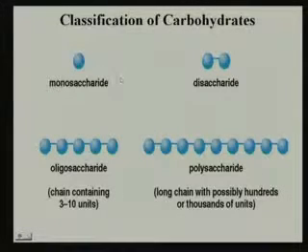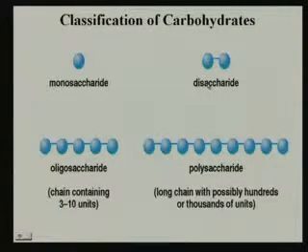Now while talking about monosaccharides, a monosaccharide is a unit sugar molecule. That means it is a single sugar which is present in any carbohydrate. When we are talking about the disaccharide, it is two sugar moieties which are joined together.